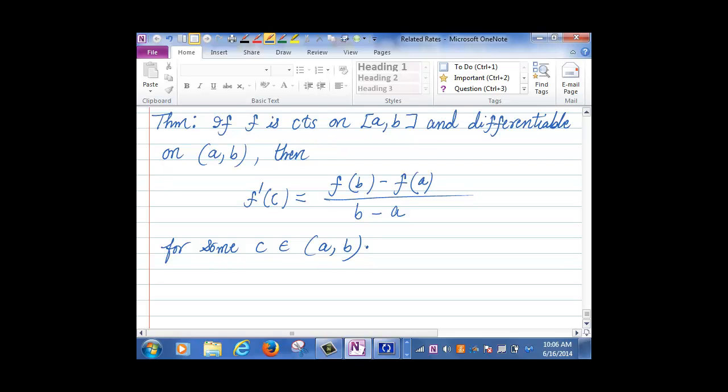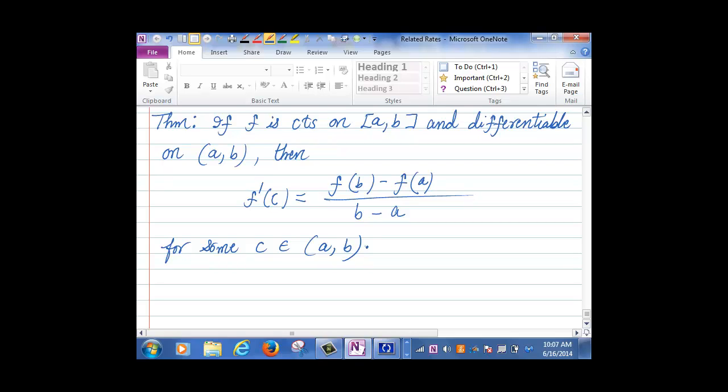So what is f prime of c on the other hand? What is f prime of c? f prime of c represents the instantaneous speed at some instant c, between a and b. So c is an instant between a and b. So f prime of c will represent your instantaneous speed at some point, right? So what this is saying is that as you go from here to Columbus, f of t is your distance function.